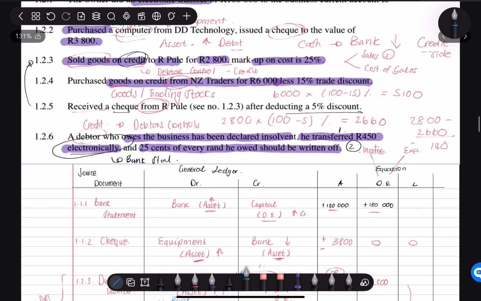So let's read it again. A debtor who owes a business has been declared insolvent, meaning the debtor doesn't have a lot of money left. He transferred what he had, 450, electronically. And 25 cents of every rand. So 25 cents is basically 25%. So 25% of what he owed should be written off. What isn't written off is then 75%.